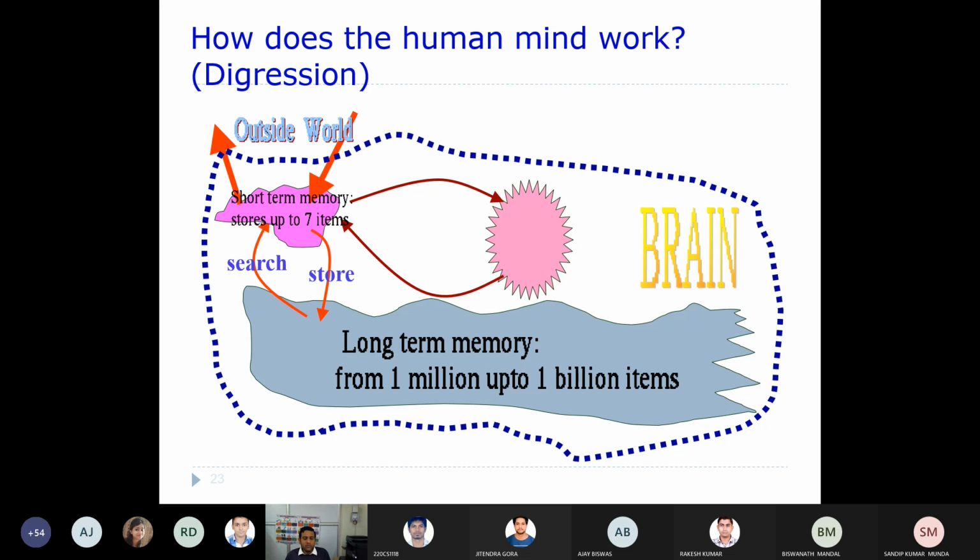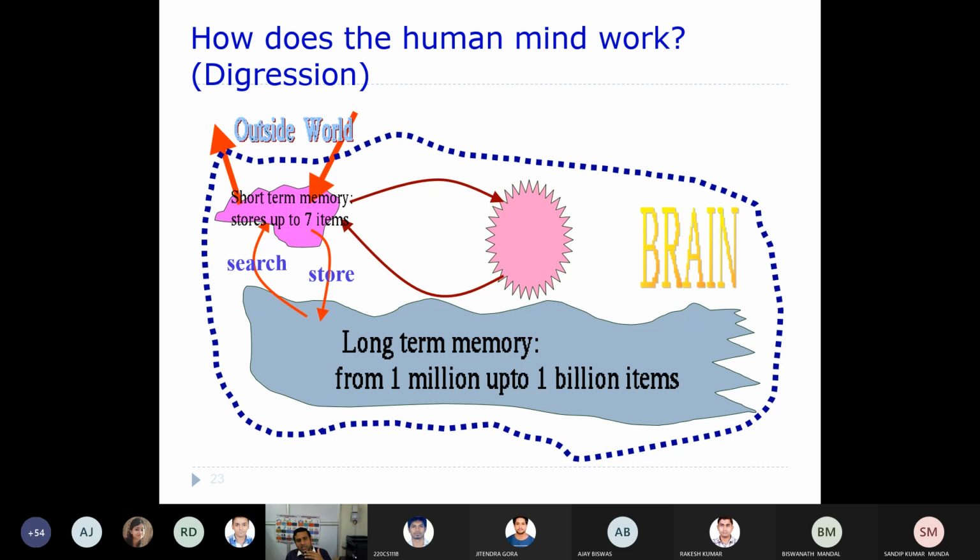When an item is not available, you search the long-term memory and find it. In short-term memory you regularly forget things, and when you go back and see them again, you get them back. Otherwise you frequently forget many things. This is the way your memory works.